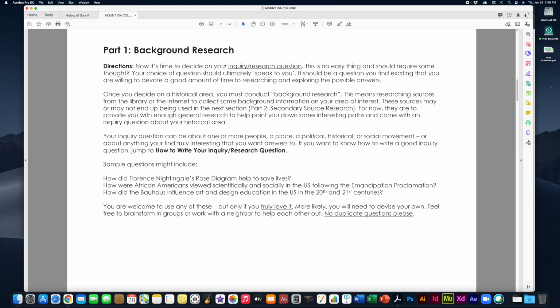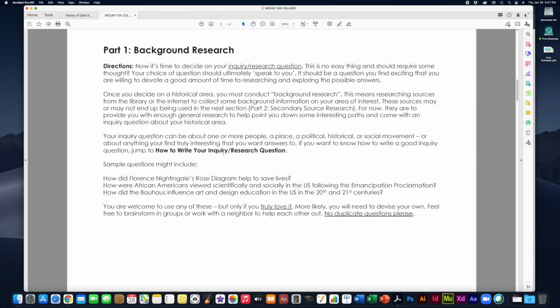Make sure you're using reliable sources, things that can be cited: journals, reputable news locations, academic citations, those sorts of things. Your inquiry question can be about one or more people, a place, a political, historical, or social movement, or pretty much anything that you find interesting about those periods of time and those areas of data visualization history that we covered.